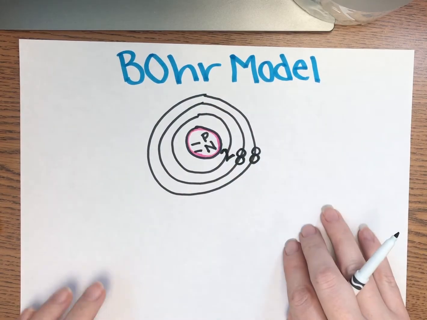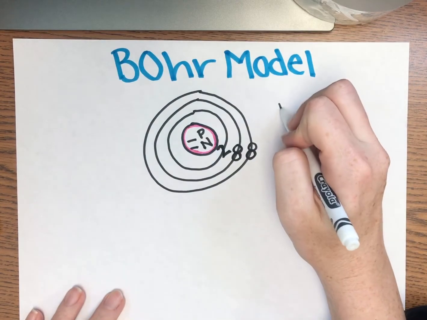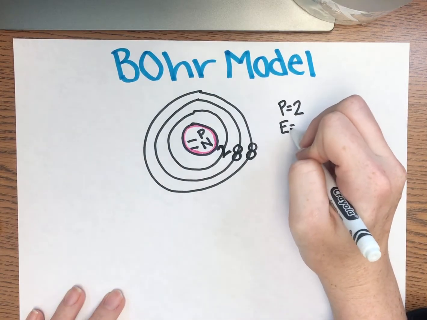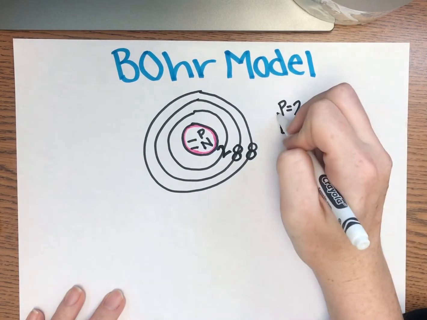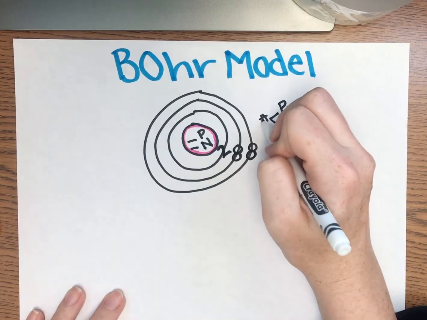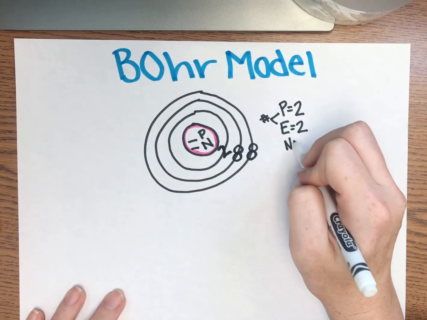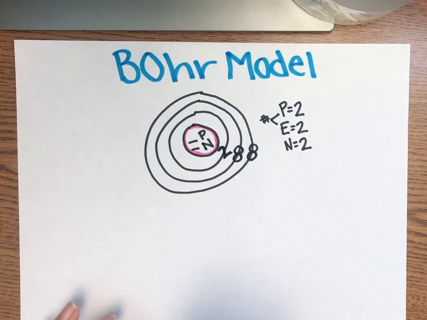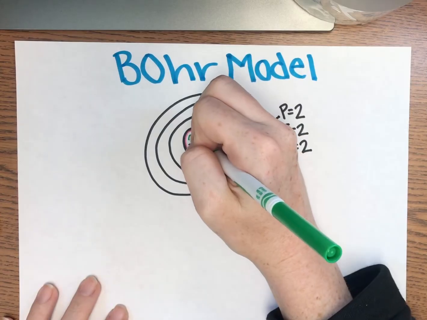If I were to show you an atom that has 2 protons, 2 electrons, because remember, these 2 always have the same number, and it just so happens we also have 2 neutrons. When we're building this Bohr model, in the center we're going to have to put our 2 protons.